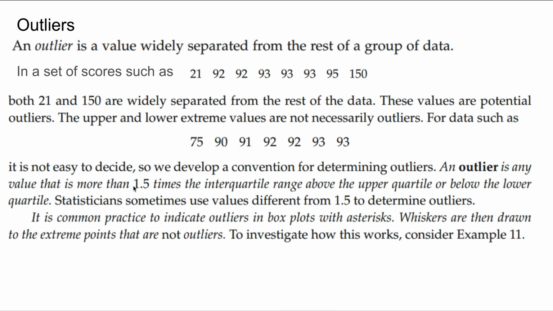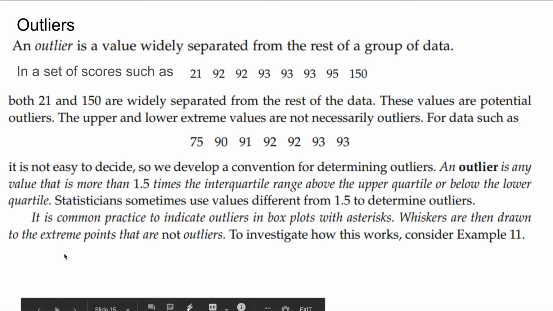Okay, so if your value is 1.5 times interquartile range above the upper quartile or below the lower quartile, then we consider that as outlier. Okay, we're gonna do some practices on that.